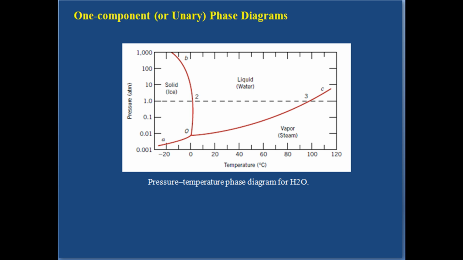Upon crossing a boundary, as temperature and/or pressure is altered, one phase transforms into another. For example, at 1 atmospheric pressure, during heating, the solid phase transforms to the liquid phase, that is, melting occurs at the point labeled 2 on the figure, that is, the intersection of the dashed horizontal line with the solid-liquid phase boundary.